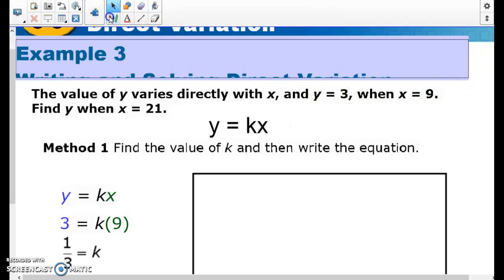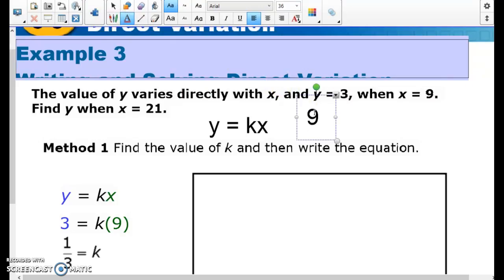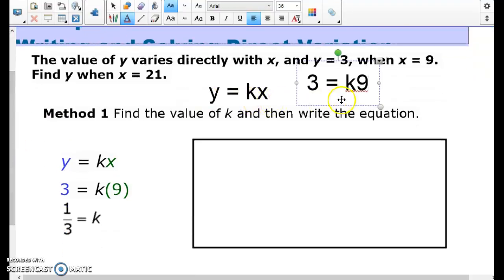So I end up saying 3 equals k times 9. And so then I would divide both sides by 9, and I figure out k is 1/3 or 3/9.